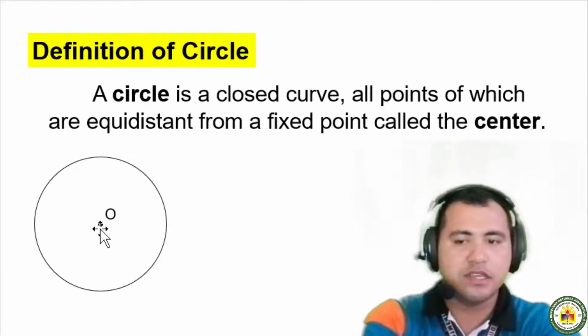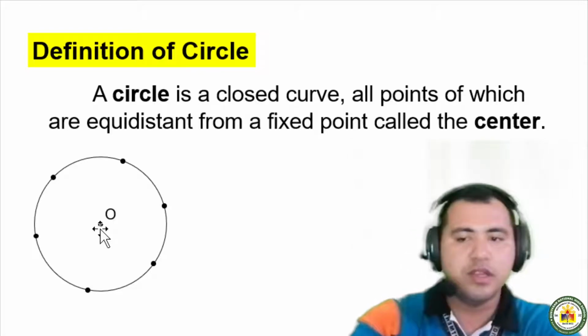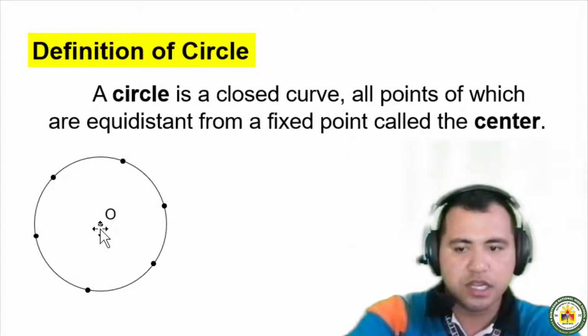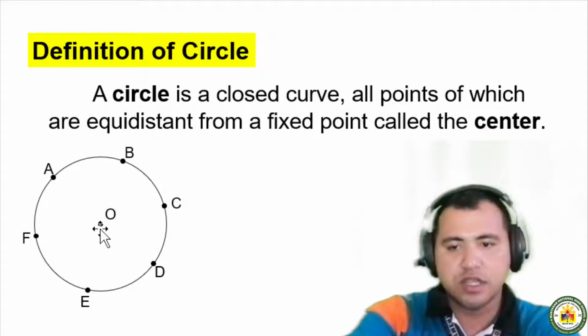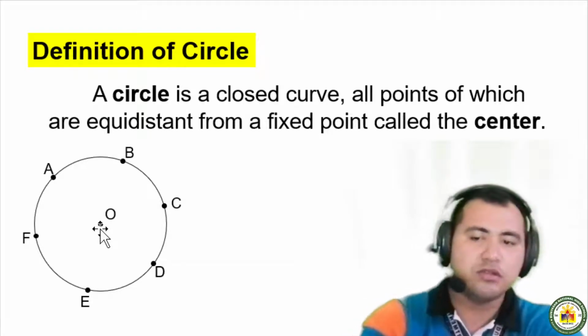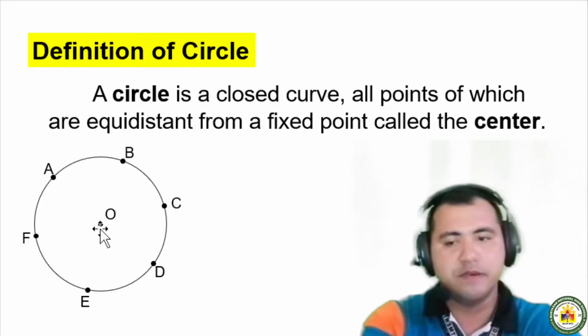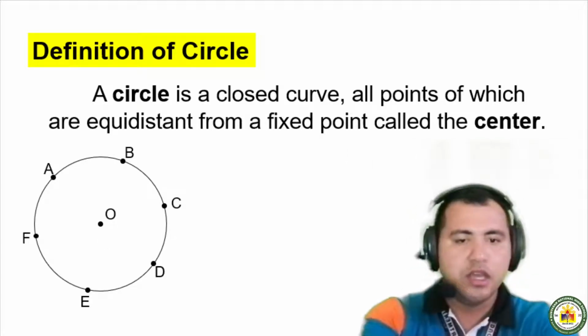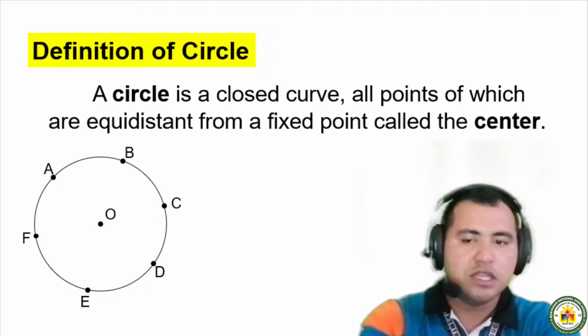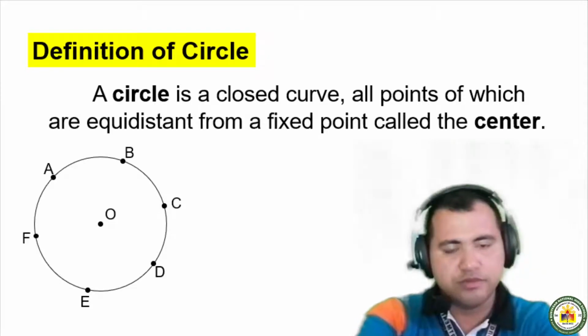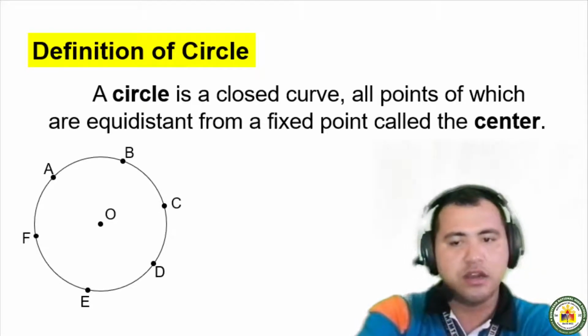So just like for example, we will determine some points of that circle. We have the points A, B, C, D, E, F. So determine na to na unom ka points. From that 6 points, we will illustrate that the points of the circle are equidistant from its center.